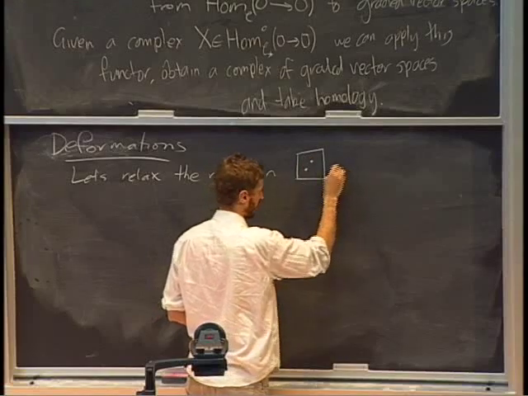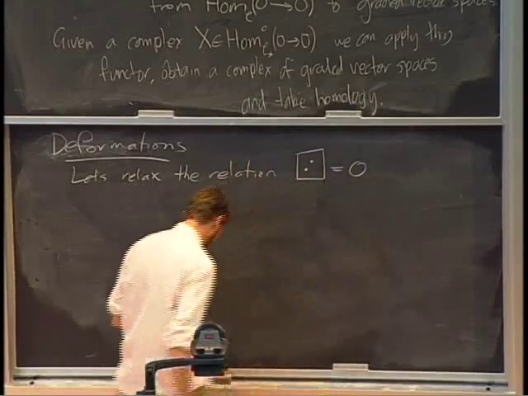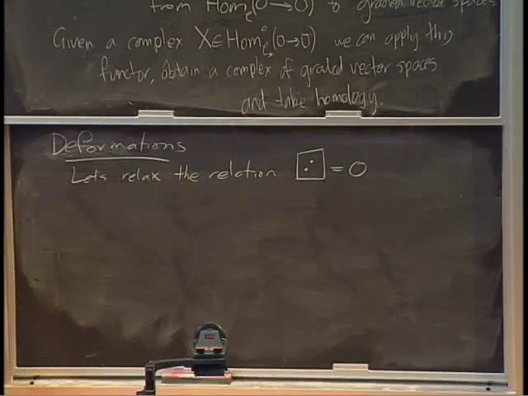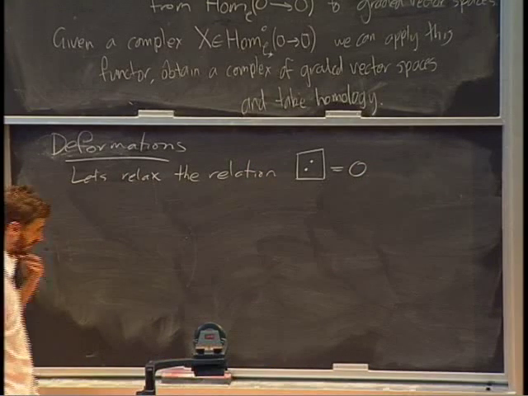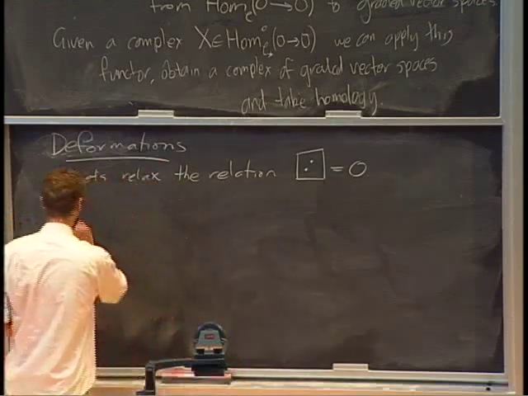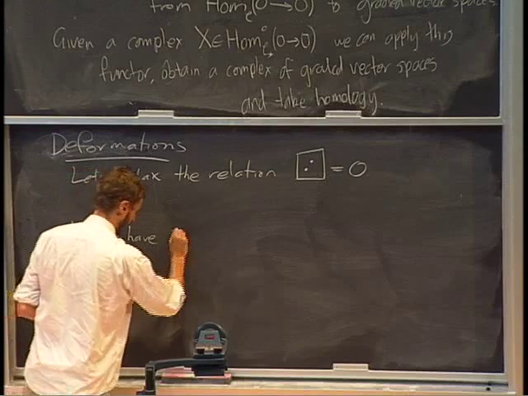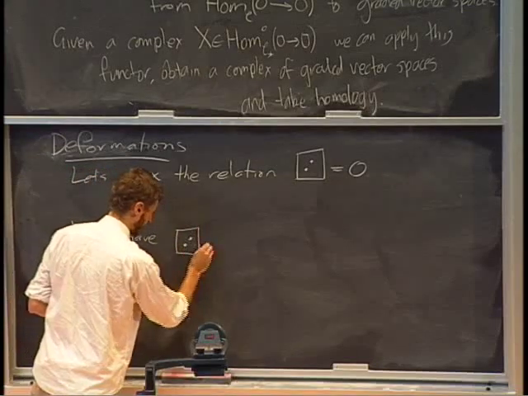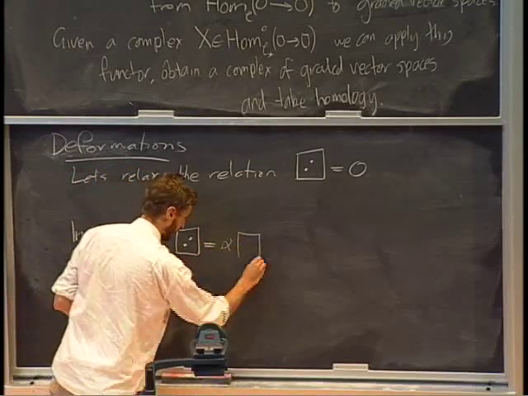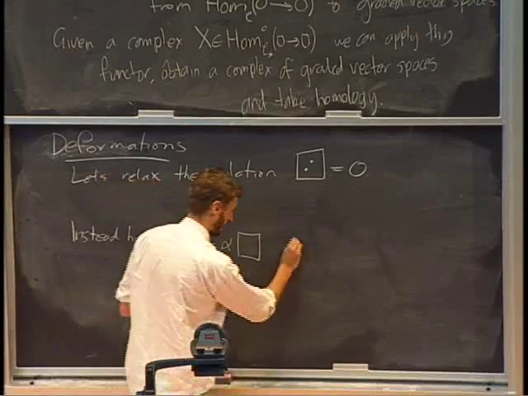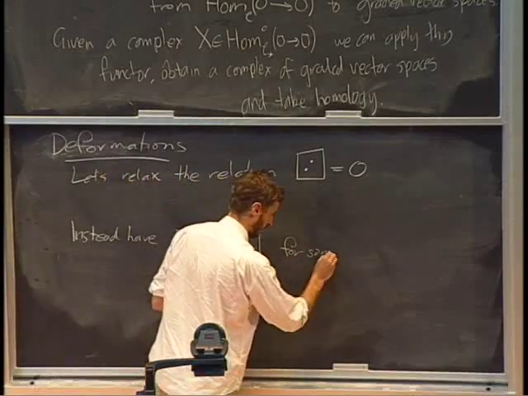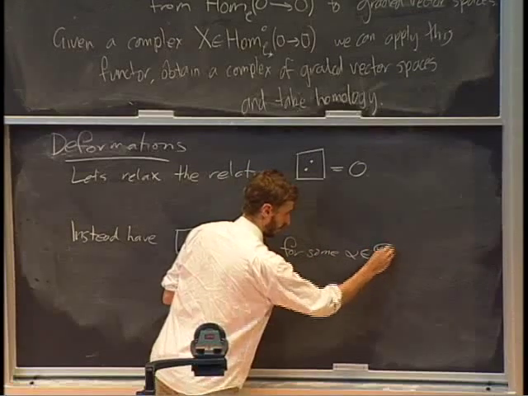The first way to do this was to instead have that anytime you see two dots, this was alpha times a sheet without dots, for some non-zero complex number alpha.